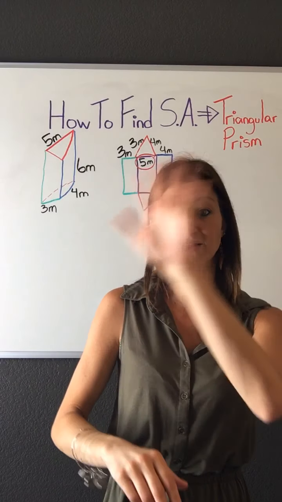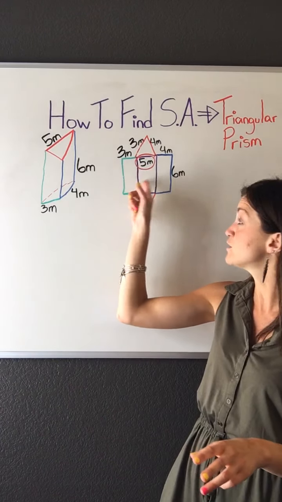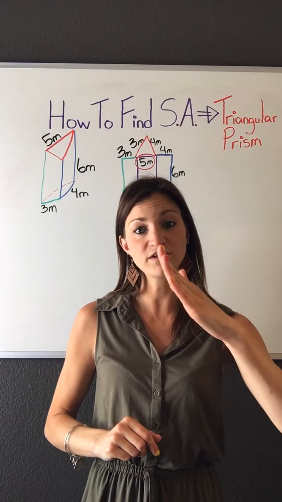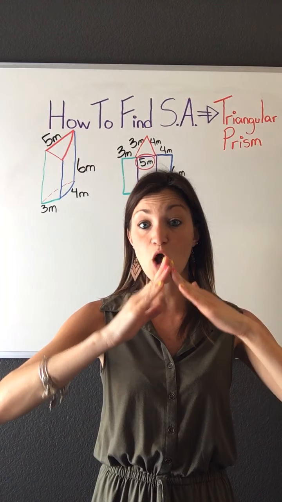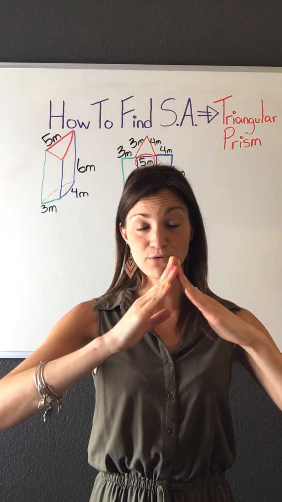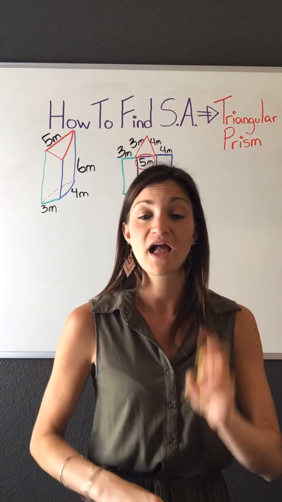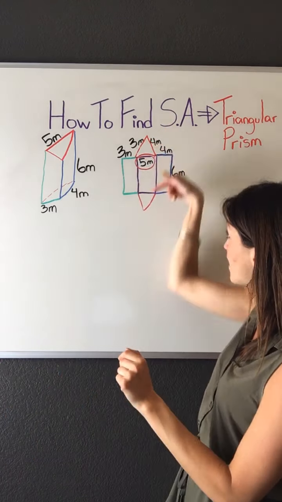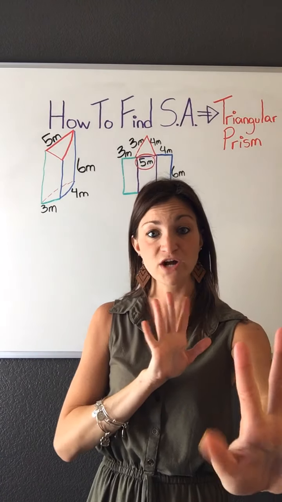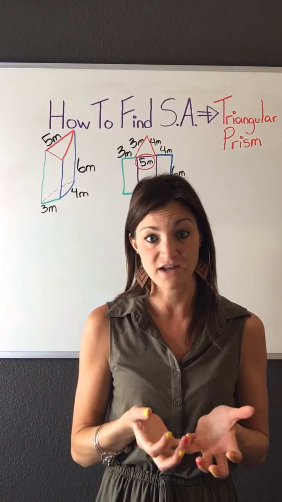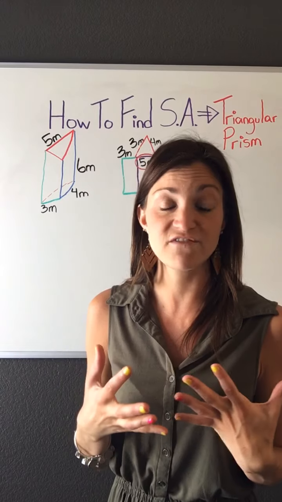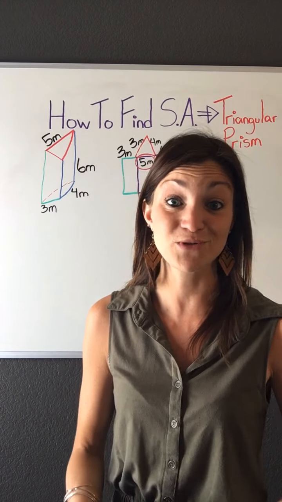So 3 lateral faces, they are 3 rectangles: rectangle 1, side of tent; rectangle 2, other side of tent; rectangle 3, pretend I have a third arm, bottom of the tent that you'll lay on. And then 2 bases indicated in red, a front triangle and a back triangle to keep you safe within the tent, okay? So that's just a real life example that I'm going to use today. So let's get started.